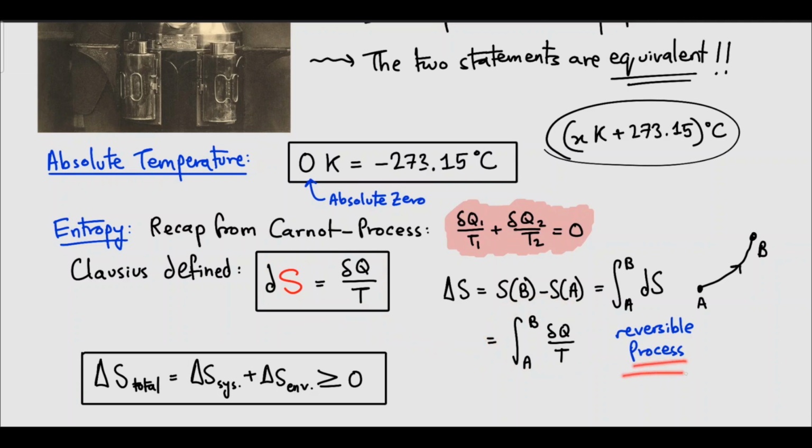And this is only possible with reversible processes. If we have any other process, it will actually be a greater-or-equal of the change of entropy. And this is something that the second law of thermodynamics kind of guarantees us.